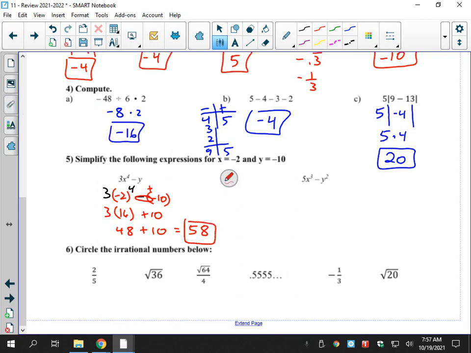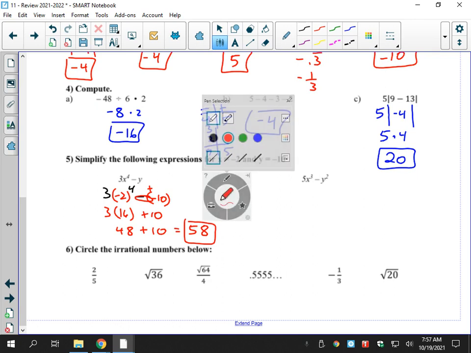So let's try it again. 5x to the 3rd minus y squared. So let's see, that's going to be 5 times x, which is -2, minus y squared, which is -10 to the 2nd.